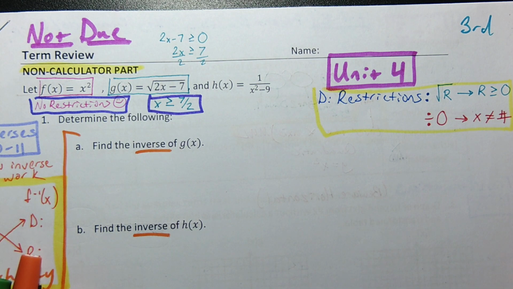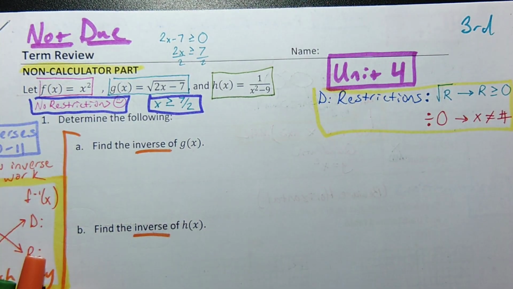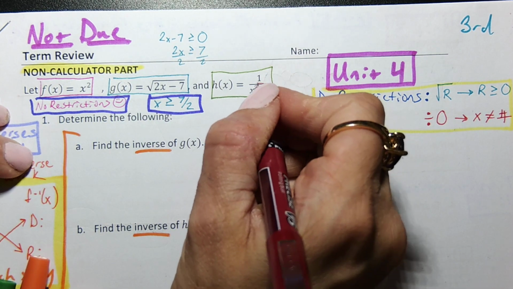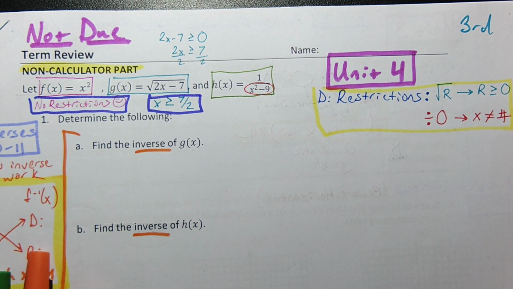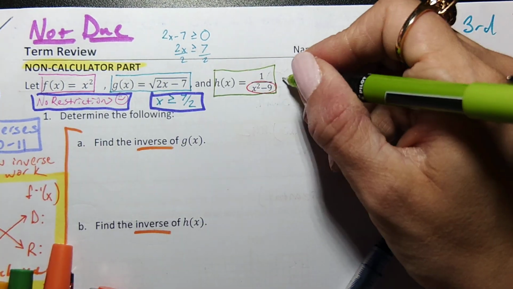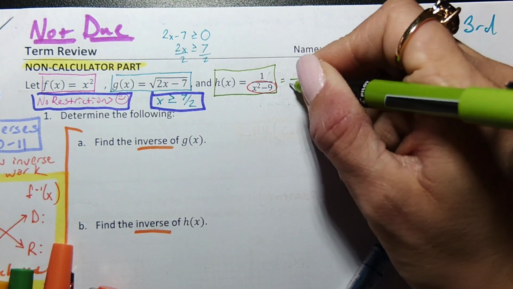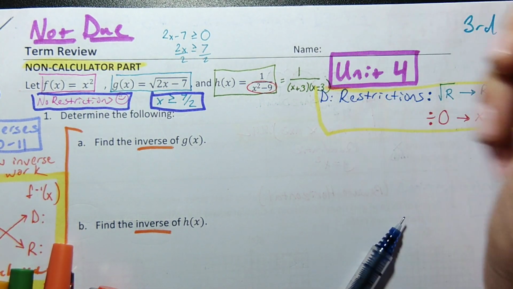Now for the last one. Is this function going to have restrictions? Yeah, we've got division, which means there might be some variable we can put in that's going to make that denominator 0. The easiest way to tell what those values are? Factor the difference of squares, x plus 3, x minus 3.